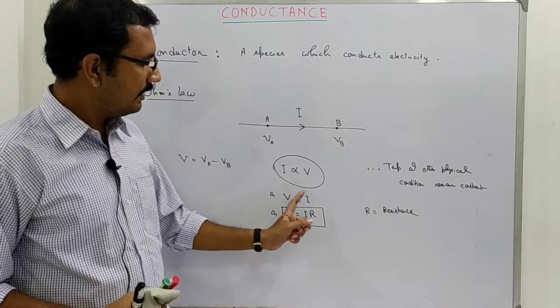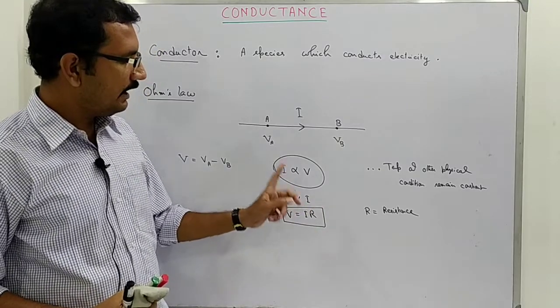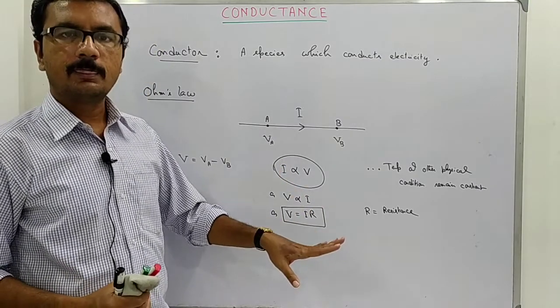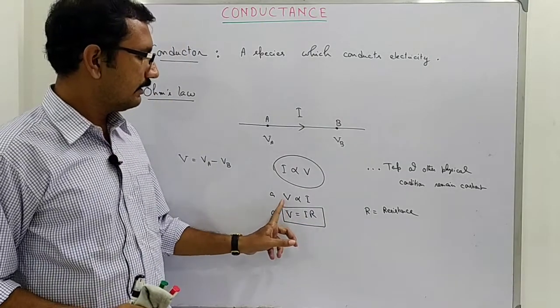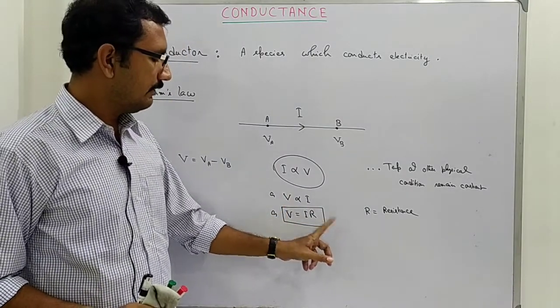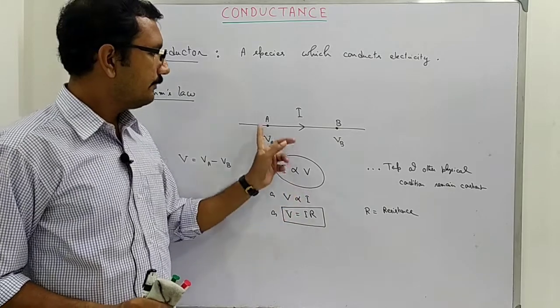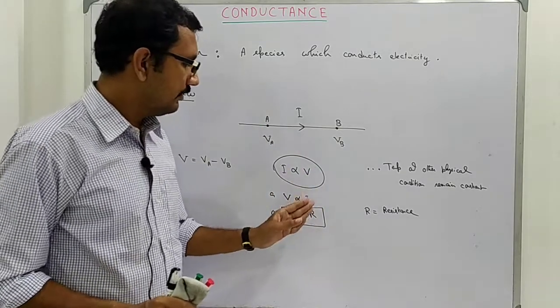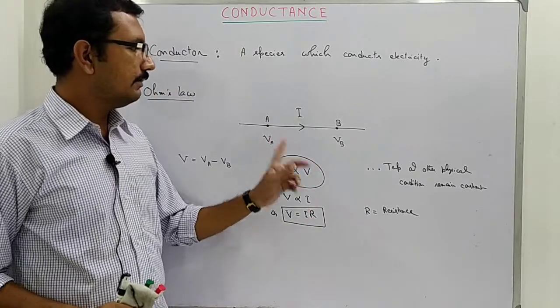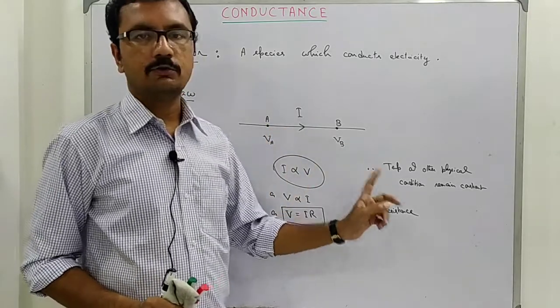This V proportional to I will be followed by each and every conductor. Whenever we get a conductor, it will follow this relation. That is, the current flowing through a conductor between 2 points is proportional to the potential difference between those 2 points.